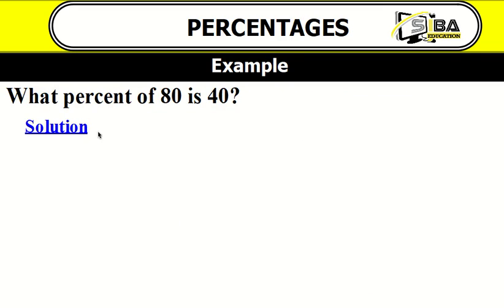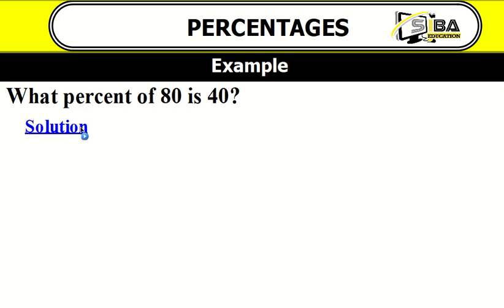Now let's try another one, but this one is a little bit different. Remember, the rule says you should make the first as a fraction of the second value. But here it is a little bit different. And what makes it different? Let's look at the 'of' and let's look at the 'is', right? And that is the trick there. So pay attention. When you have an expression like this, make sure we make the one with the 'is' the numerator, and the one with the 'of' as the denominator.